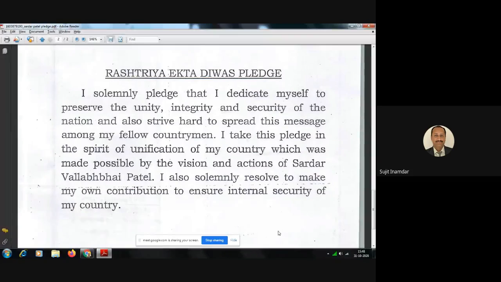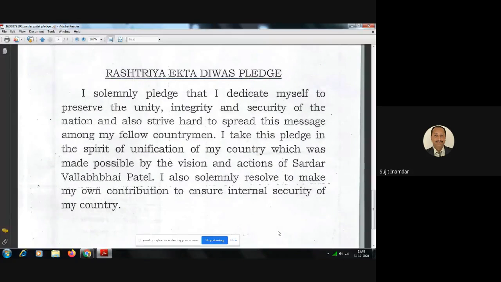I take this pledge in the spirit of unification of my country, which was made possible by the vision and actions of Sardar Vallabhbhai Patel. I also solemnly resolve to make my own contribution to ensure the internal security of my country.